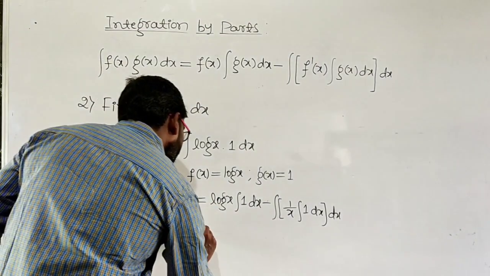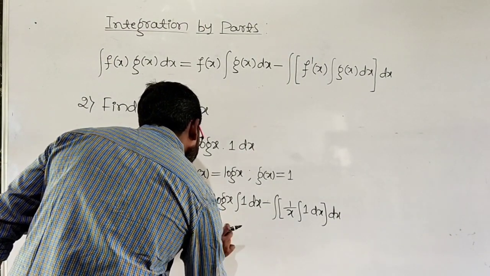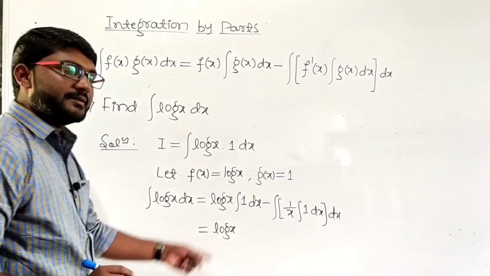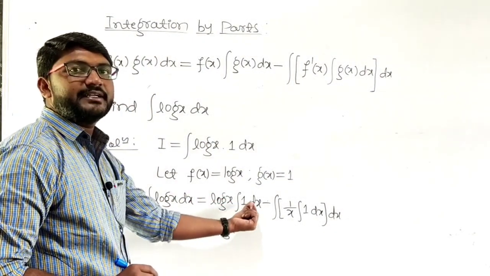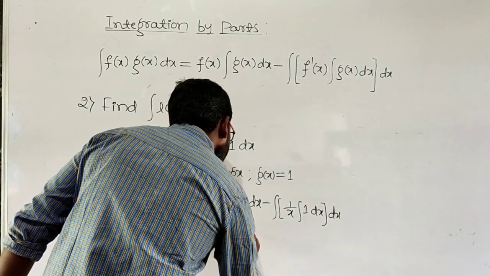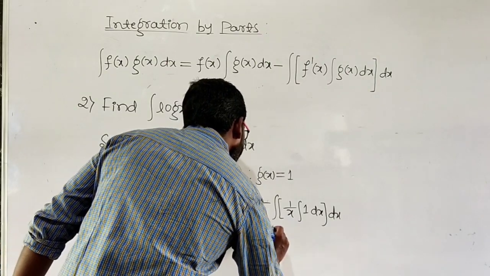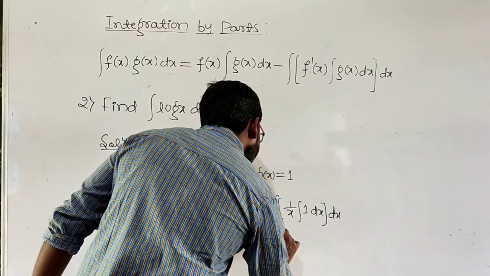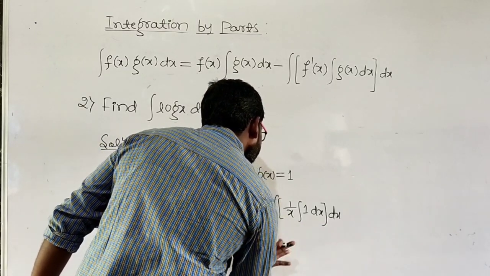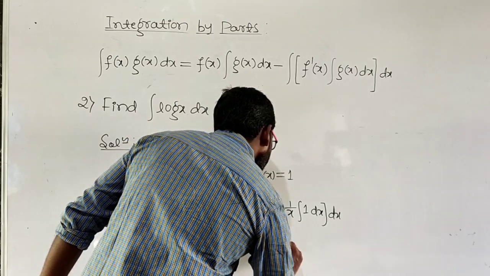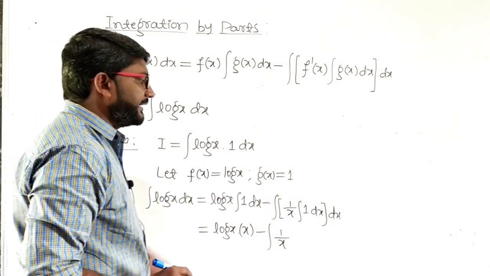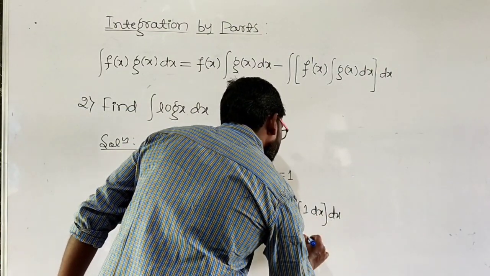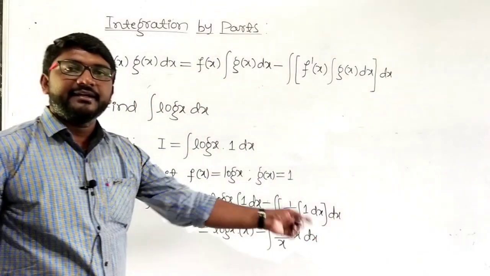So this equals log x into the integration of 1 dx, that is x, minus the integral of 1 by x as it is, then the integration of 1 dx, which is x, and I write the main dx at the end as it is.